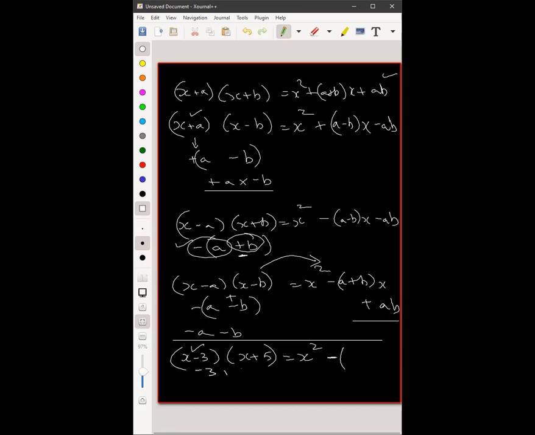So we have minus 3 plus 5. When I put a bracket here, what does this become? Into a minus. So I'll get minus of (3 minus 5) into x. And in the end, I'll get minus 3 into 5, which is minus 15. So this becomes x squared, because this becomes minus 2, I'll get plus 2x, sorry, minus 15. Right?